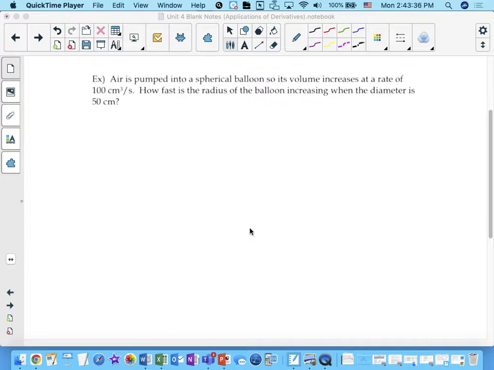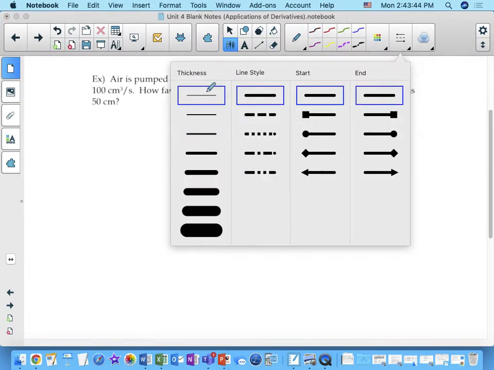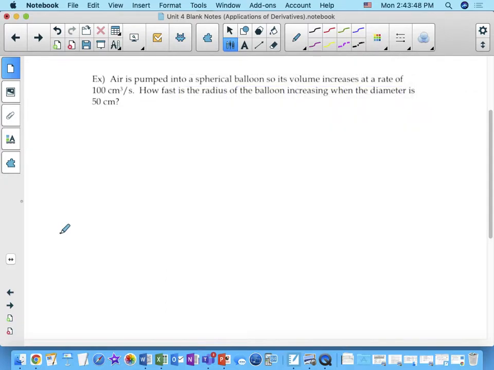Okay, all right, so here's what we're going to do. We're going to start out, always, if you can, by drawing a diagram. Just get a sense of what you're dealing with. Okay, so we've got a sphere.